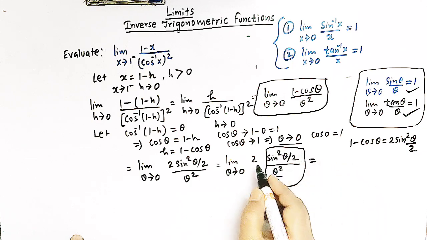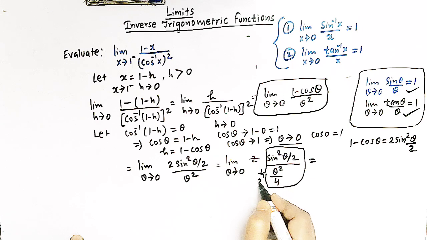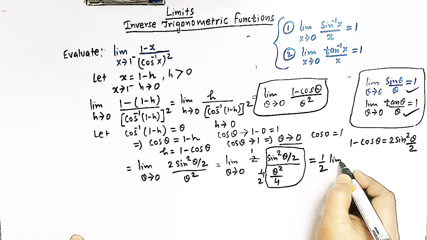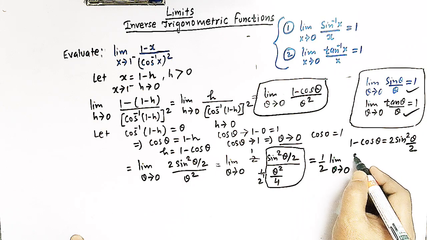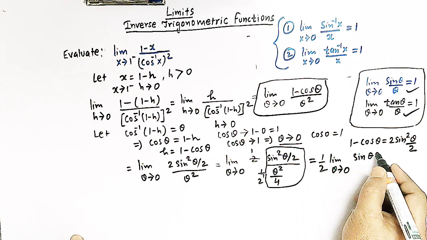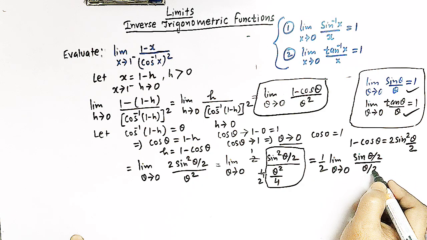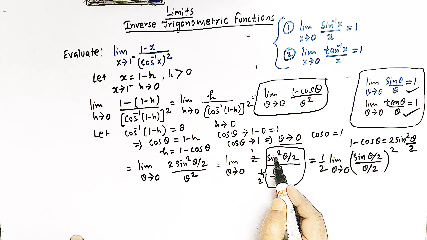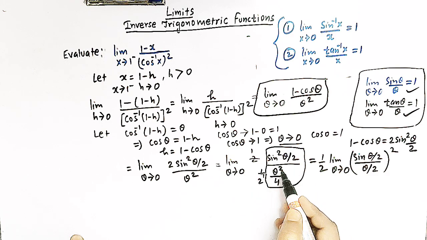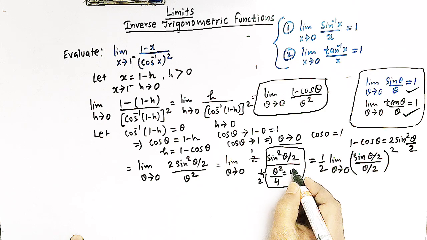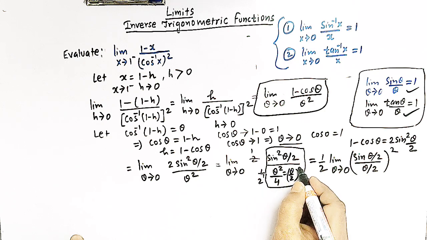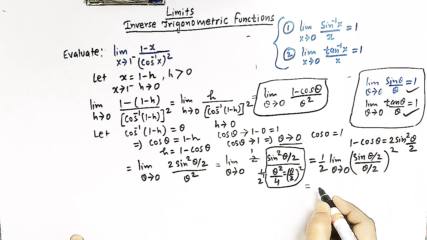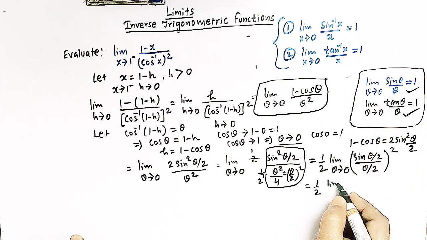So here we can now have 2 times 2 is 4, so we have here half, and limit theta tends to 0, and we can now write here sine theta over 2 divided by theta over 2 whole square, right? Because here sine square theta over 2 and here theta square by 4 can be written as theta by 2 square, right?